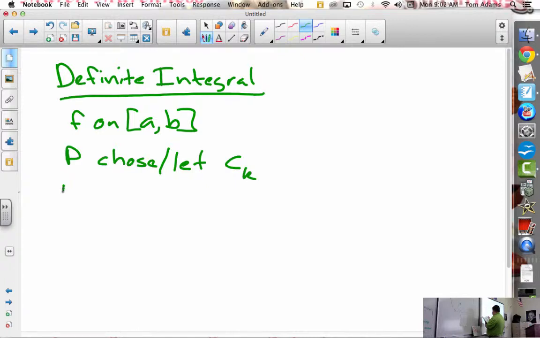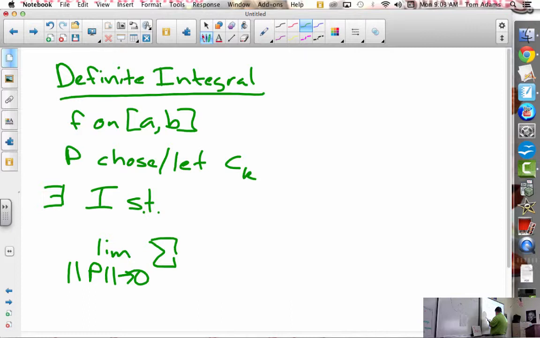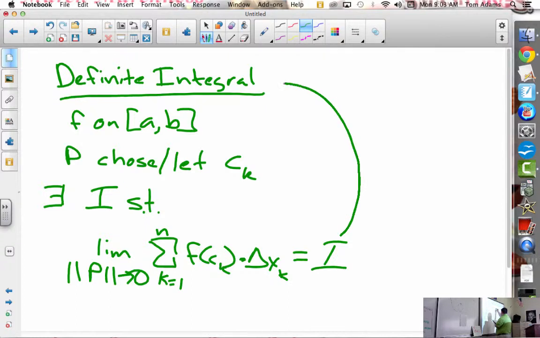Then we say there exists a number I such that the limit as that partition approaches 0 is our definite integral.